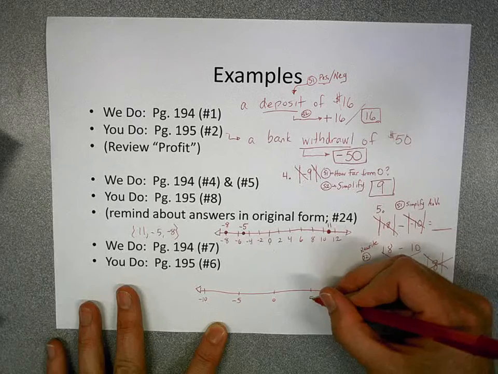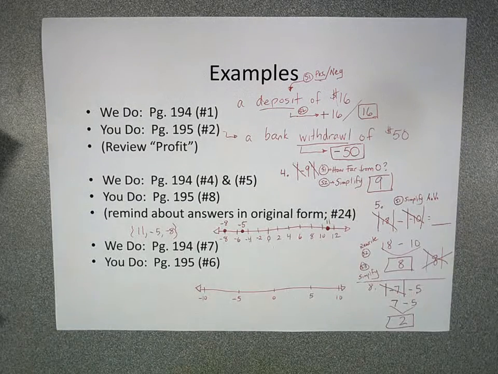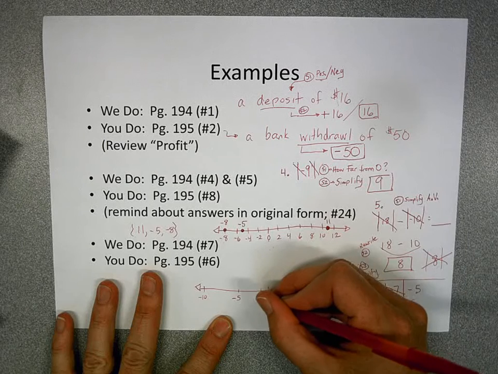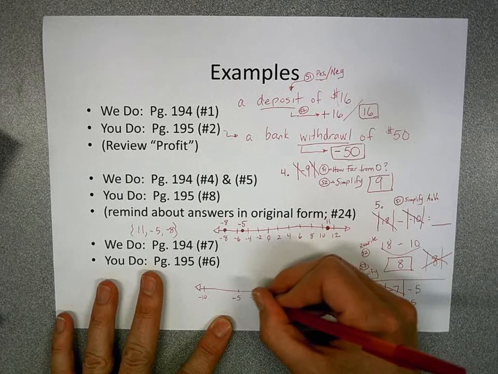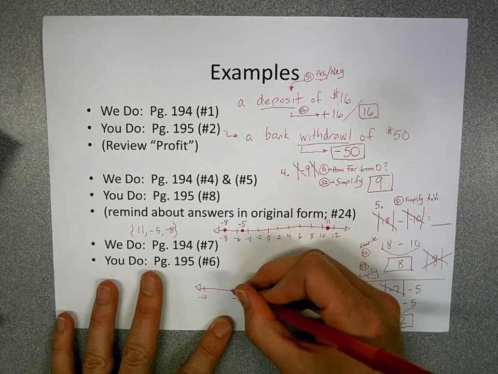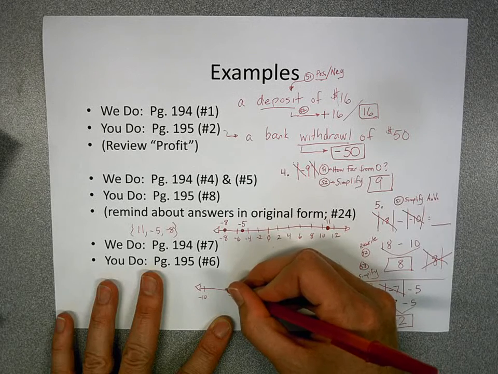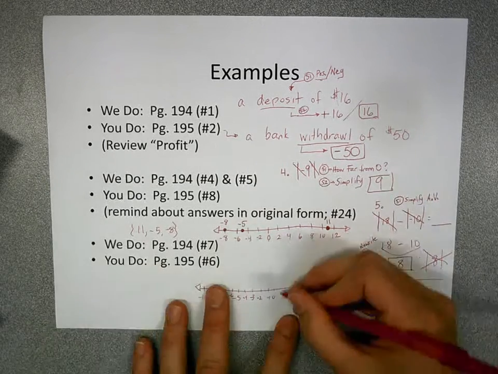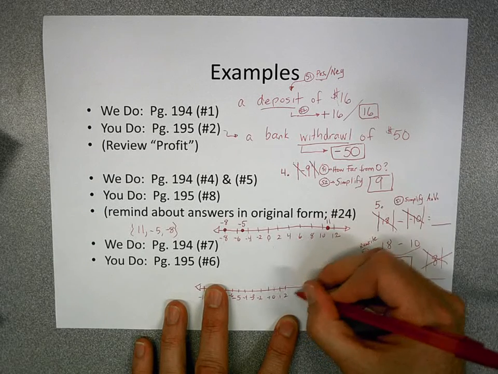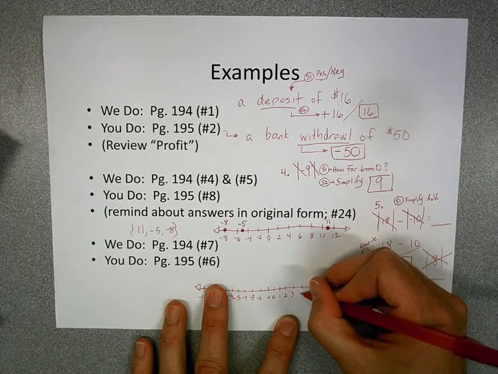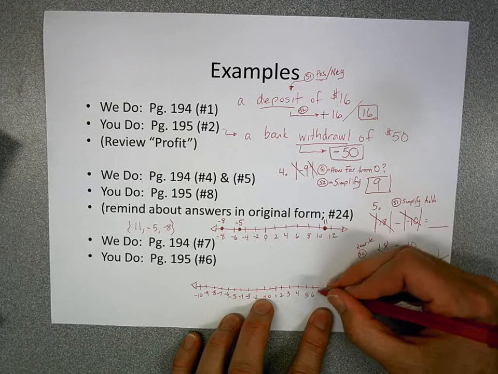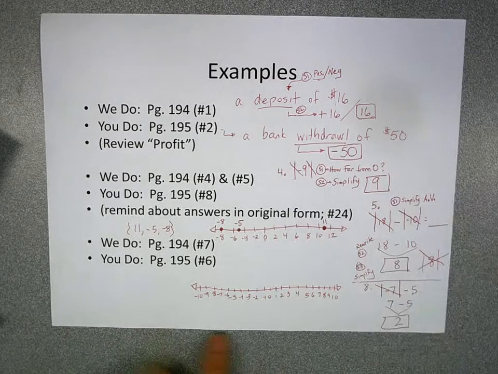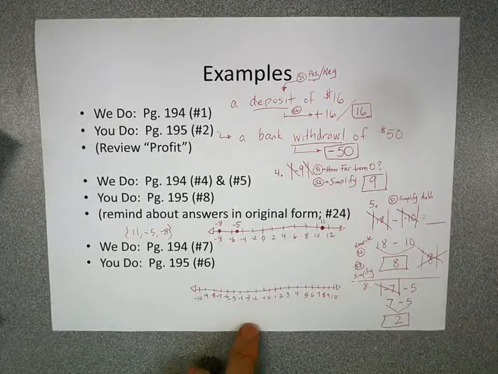So I'll just say -1, -2, -3, -4, -6, -7, -8, -9, and then on the positive side, 1, 2, 3, 4, 5's already there, 6, 7, 8, 9. Of course yours in the book's a little bit better looking than mine, so it's all right.